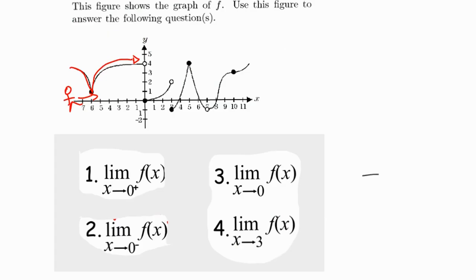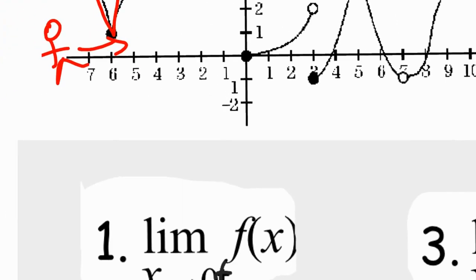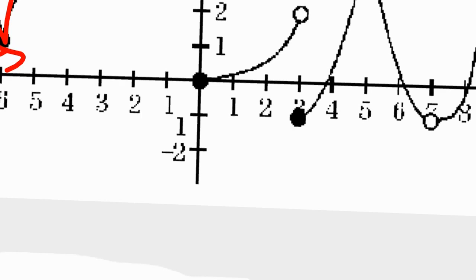When we talk about limits, we also can talk about a specific direction. So if you see number 1 and number 2, number 1 we're talking about approaching 0, and then you see a plus. And that means that we're approaching from the right side. So when we look at approaching 0, we are specifically saying approaching this from the right side.